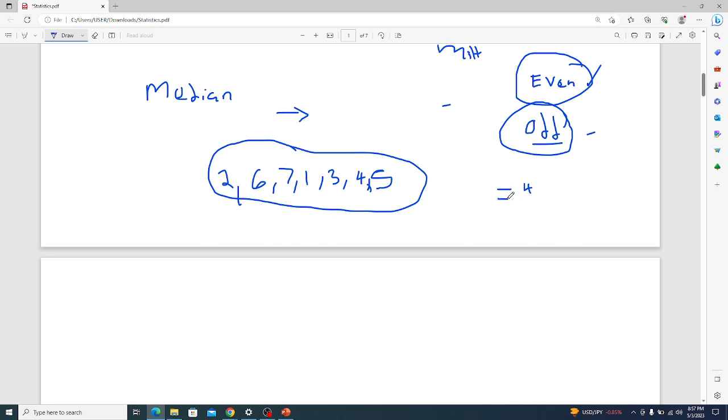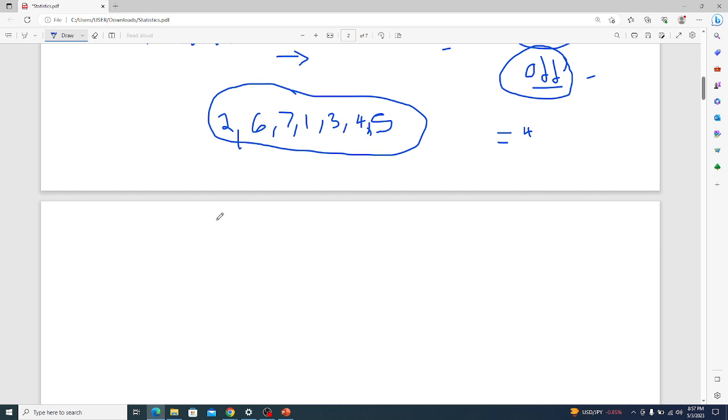Another person. 4. Okay, seems you are all saying 4. So let's see. First of all, we have to order, either in ascending or descending order, whichever way you like.